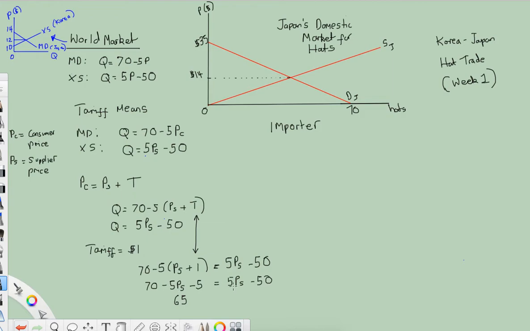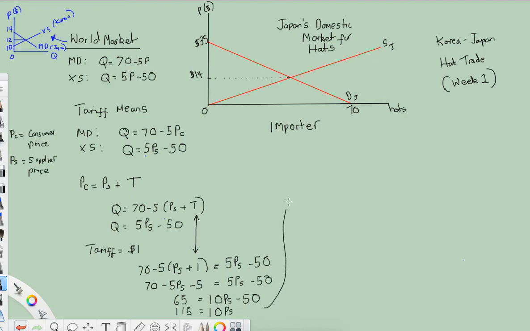Let's take that over to the other side. So that becomes a plus, and we get 10 PS minus 50. Doing this in a rather roundabout way: 65, we'll add 50 to each side. So we get 115 equals 10 PS.